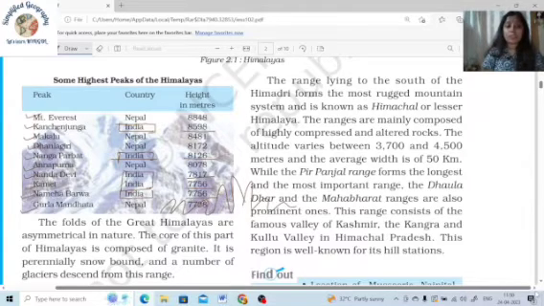The core of this part of Himalayas consists of granite. Granite is an igneous type of rock. So rocks are of 2 types, intrusive and extrusive.